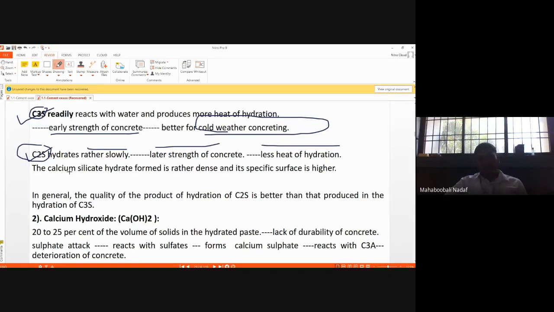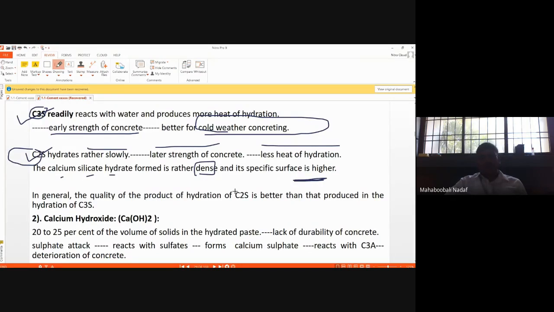Another important thing: the calcium silicate gel from this compound is more dense, and it has a higher specific surface.